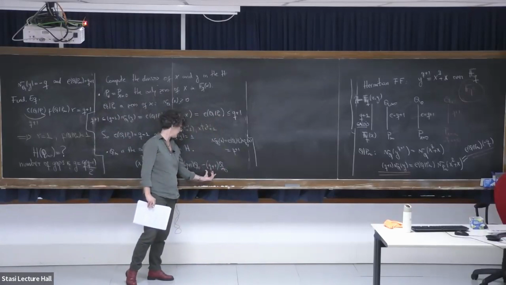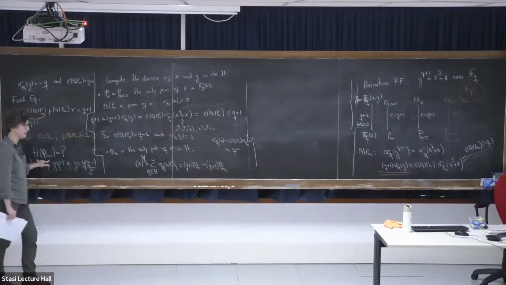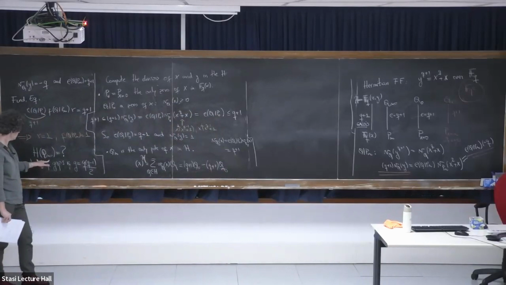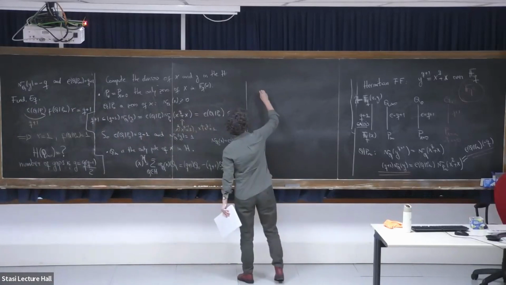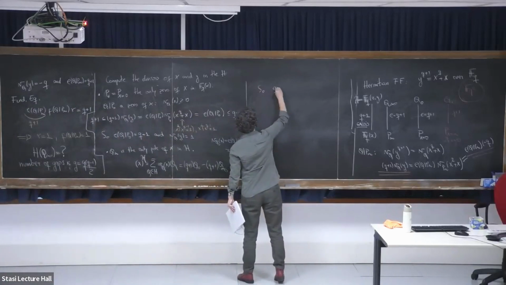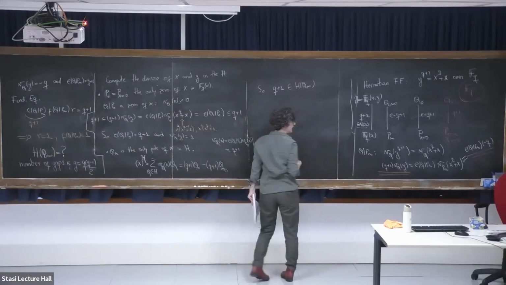This means that Q plus 1 lives in the semigroup at the point Q infinity. So we get one number there.